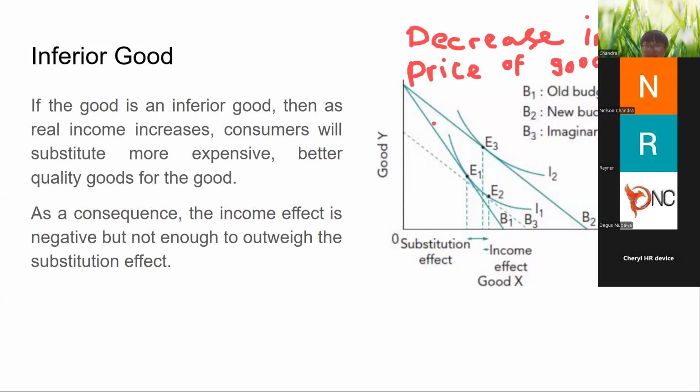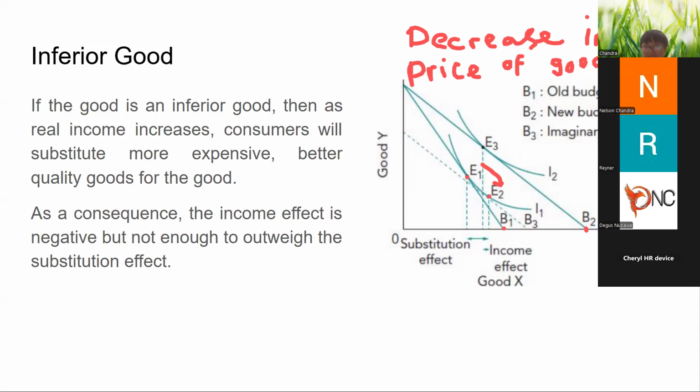A decrease in the price of good X is happening because there is a pivoting of the budget line to the right. So I'm sure that this is a decrease in the price of good X. Good X becomes cheaper. People are going to buy more good X because it is cheaper compared to good Y. Therefore, the substitution effect will be from E1 to E2.